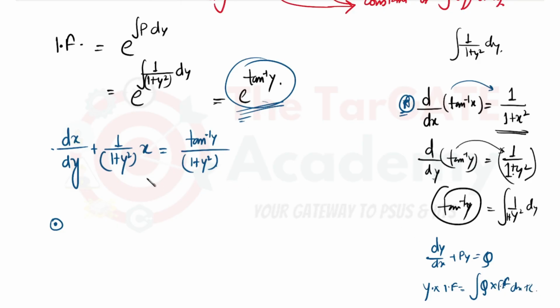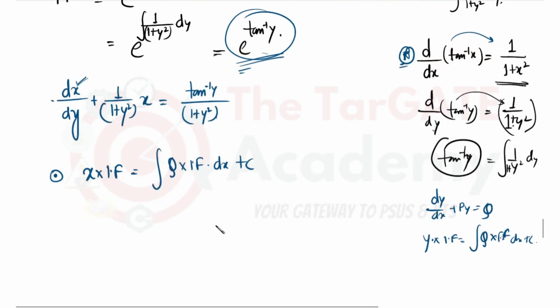But now, since x is being differentiated with respect to y, it is dx by dy. So I'll write x into integrating factor is equal to integration of q into integrating factor, not dx, here it will be dy, because the integrating factor is a function of y.